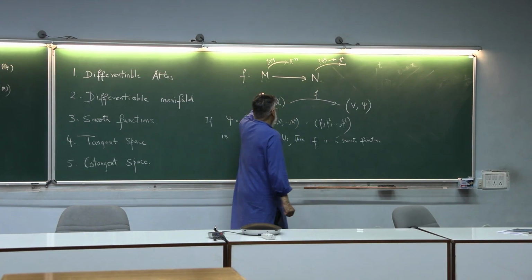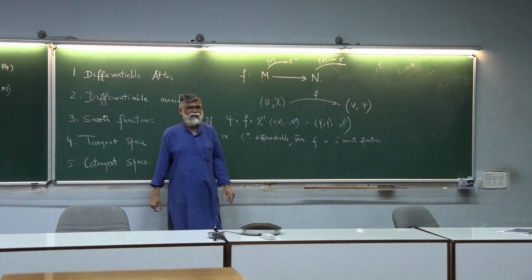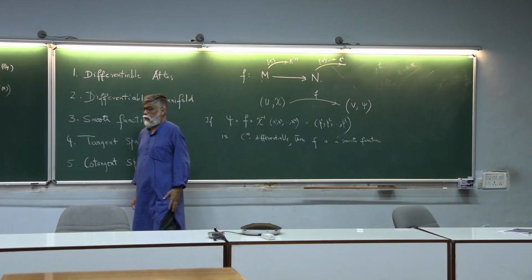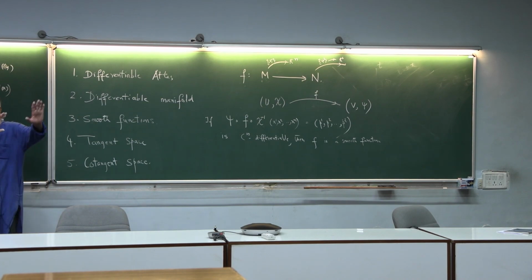By the way, this should happen for every chart, not just for a single chart. This is a general function from any differentiable manifold to any other differentiable manifold. Of course, because the dimensionality can be different, this function is not a bijective function in general. So we have got a general notion of a smooth function.